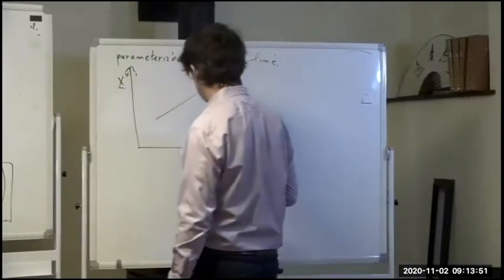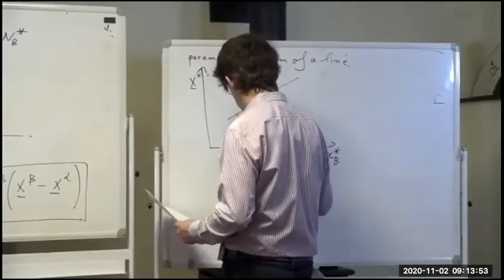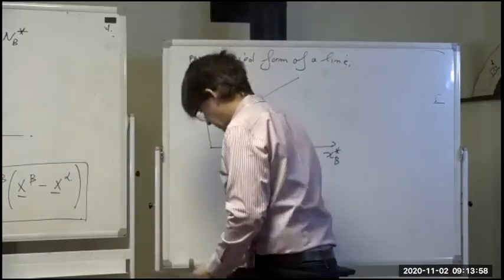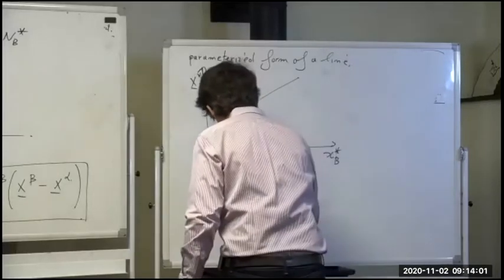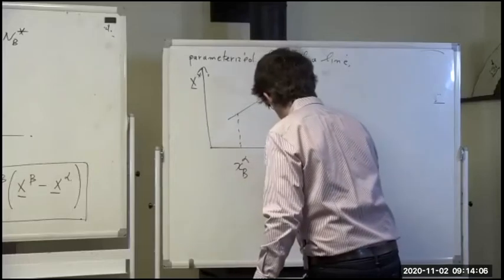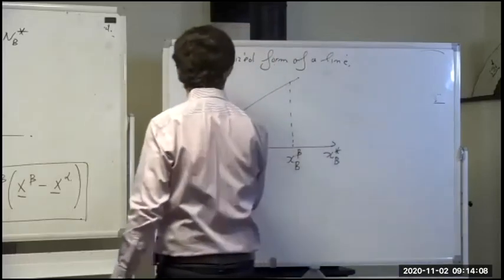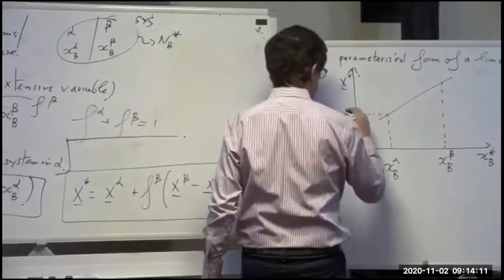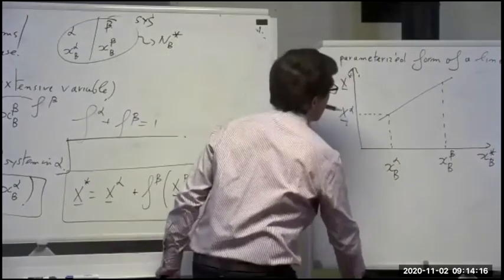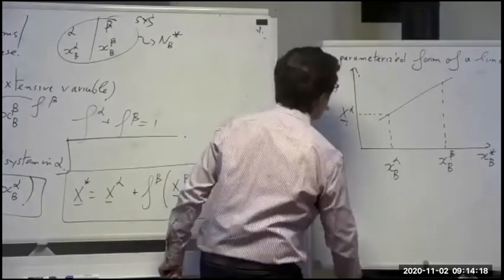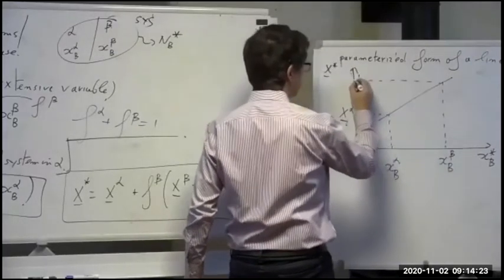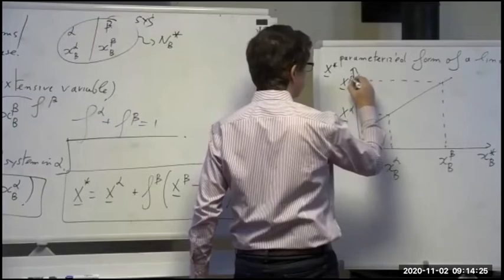And I could mark there when XB star becomes equal to XB alpha, and when it becomes equal to XB beta. So this is X alpha. And this point here is X beta.